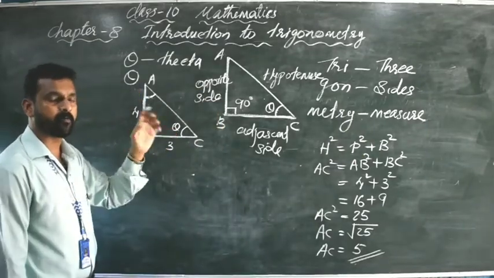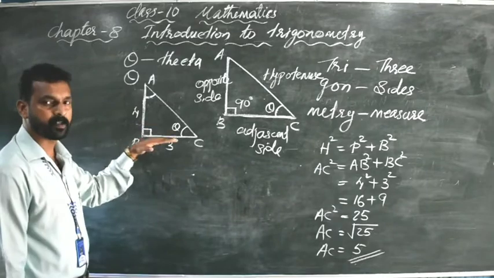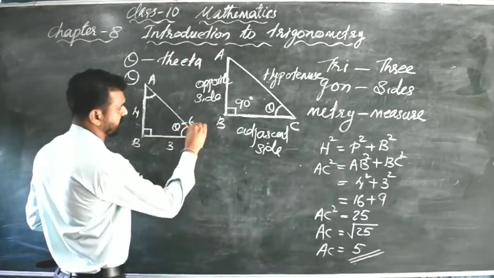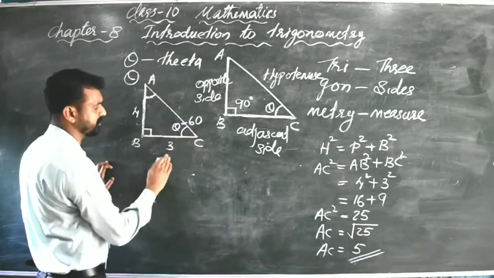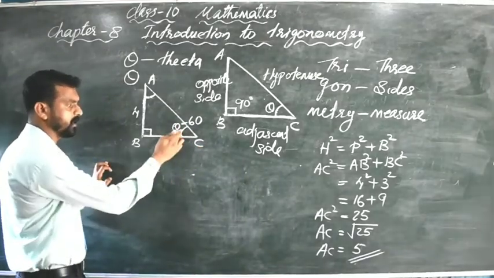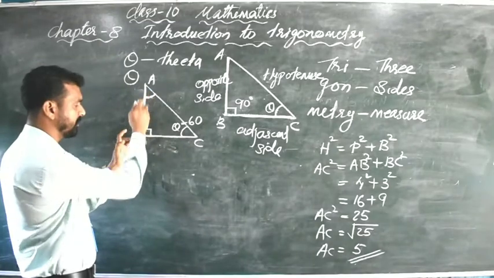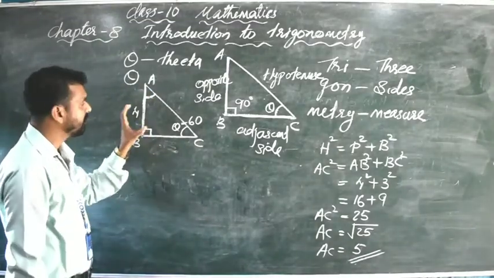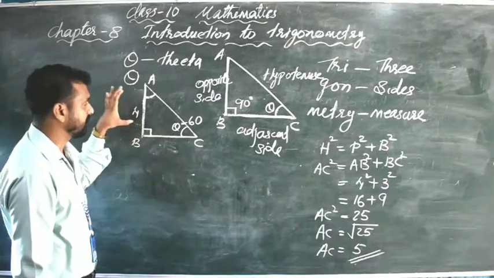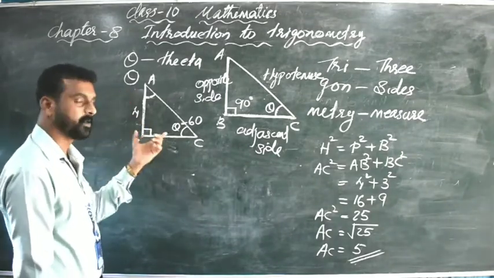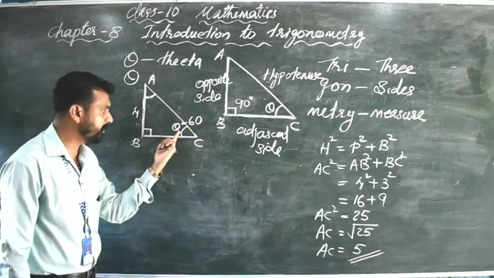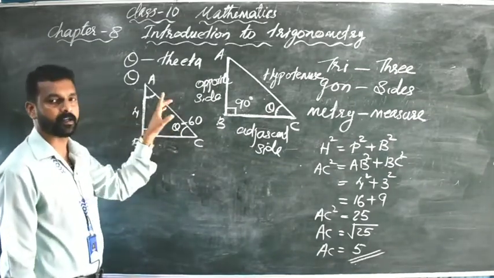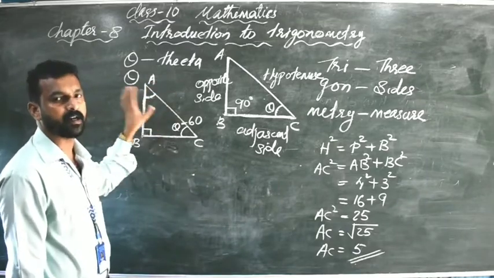For measuring the height of a building or the width of a river, we should know the angle. Suppose angle theta is equal to 60 degrees. If we know this angle and one side, then we can find all other sides and the other angle also.